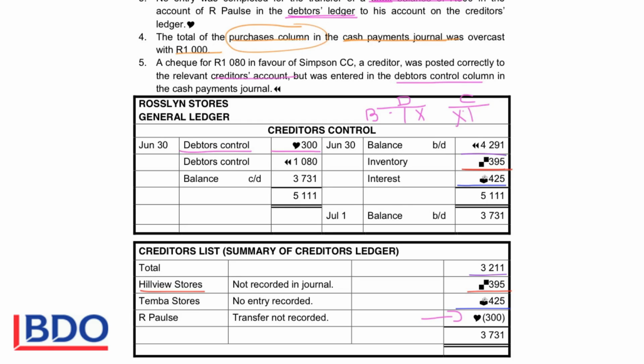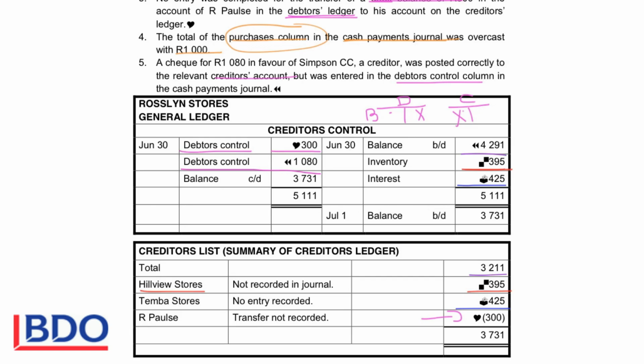When a cheque is issued in the cash payments journal, the bank will be credited and either the debtors control was debited or the creditors control was debited. This cheque was issued in favor of a creditor, so it means it was supposed to go on the debit side of the creditors control. To correct this mistake, we have to debit the creditors control account to show that the creditors must decrease with 1080 because we paid the creditors.